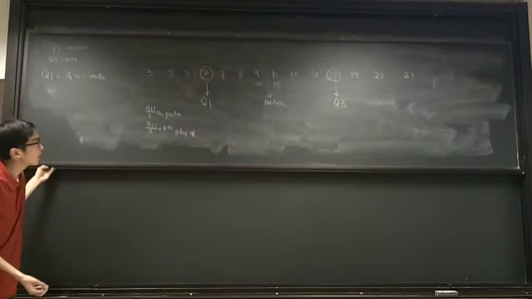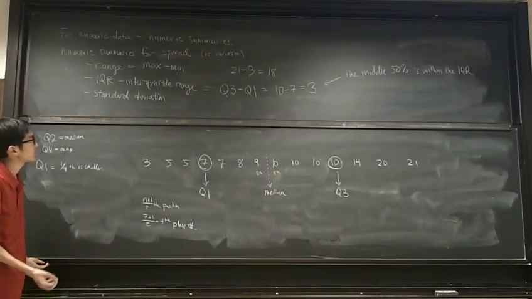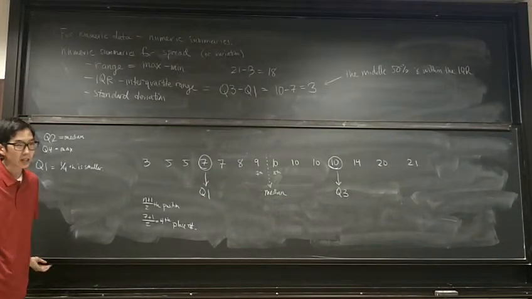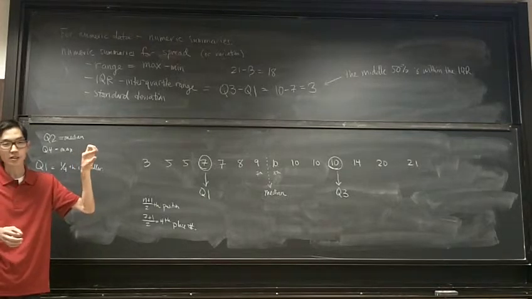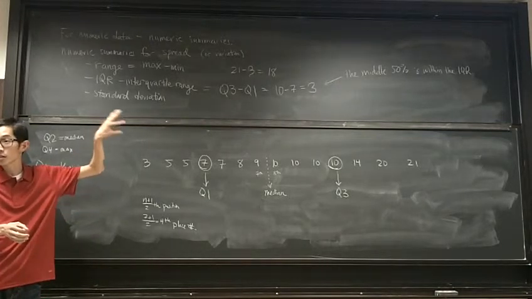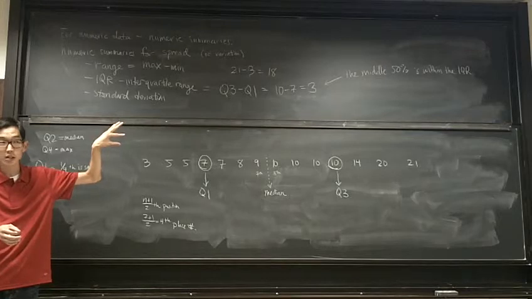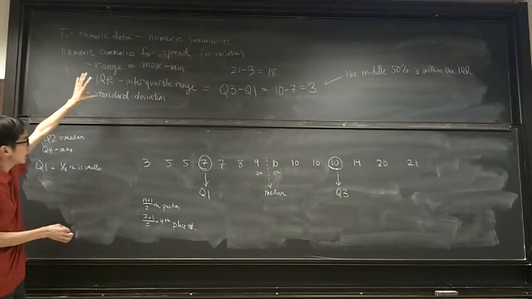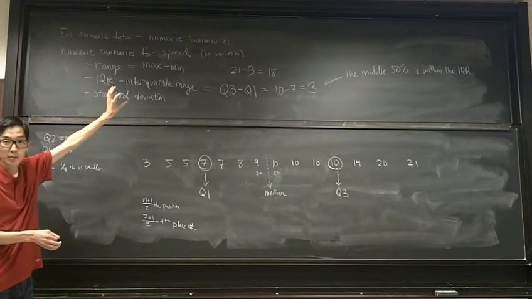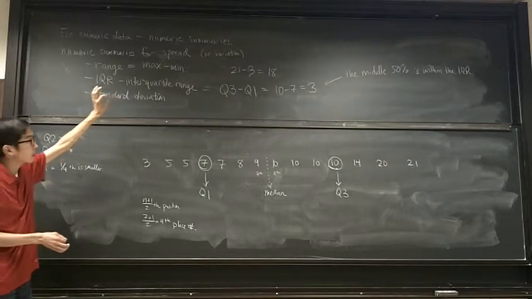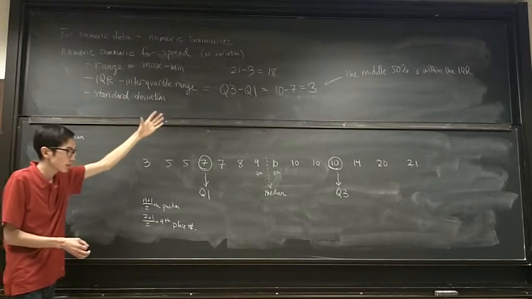I'm going to run out of time to talk about the standard deviation, okay? I've created a little video that goes into the calculation of the standard deviation, okay? But the concept behind these are all just number summaries that talk about the spread, okay?